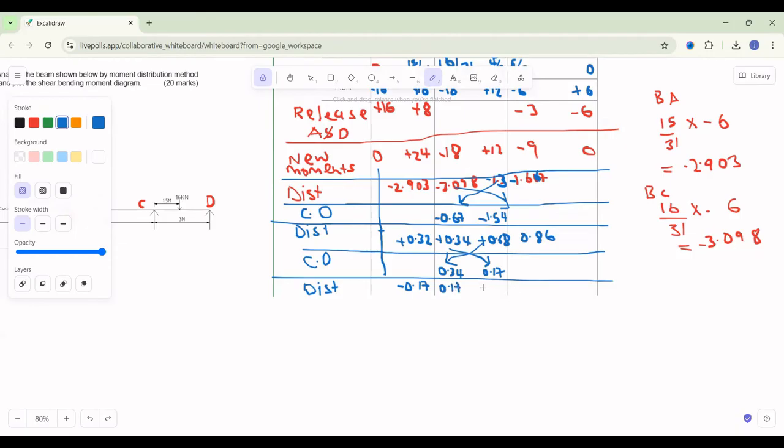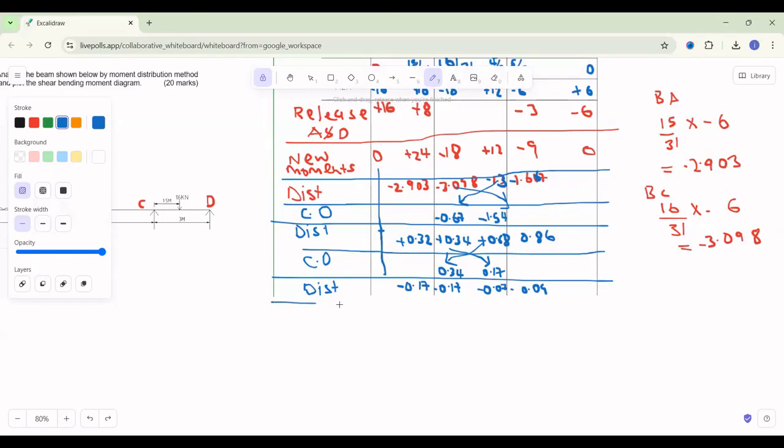And if you distribute on this side, you'll get 0.07, and here this is negative, remember, and this one will be negative 0.09, something like that.